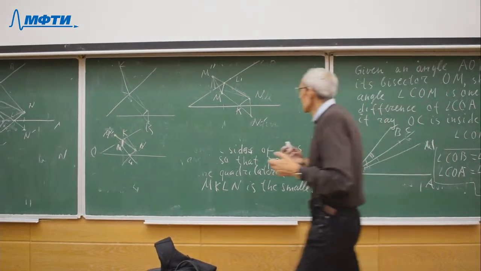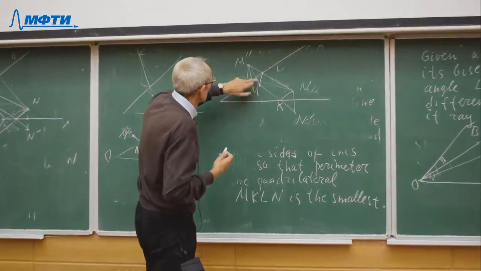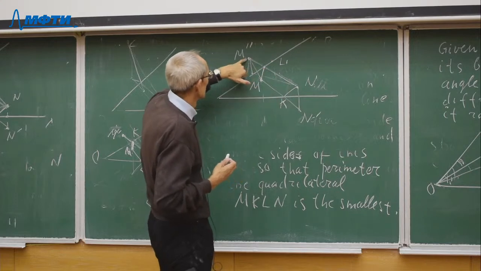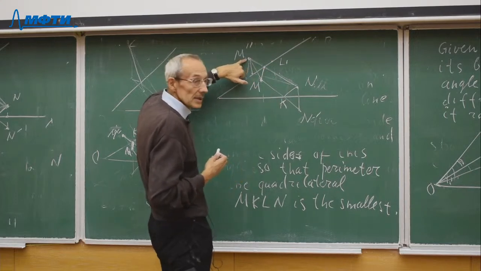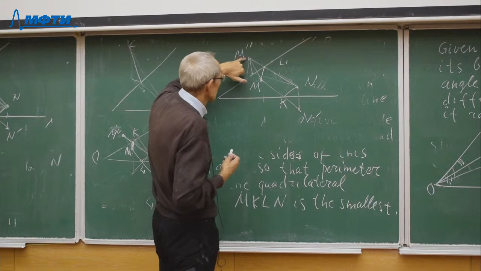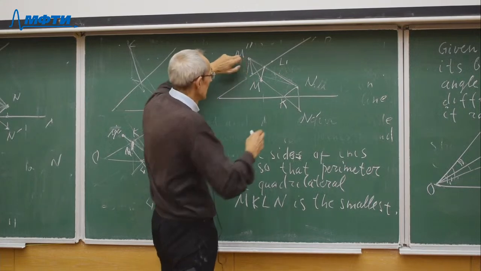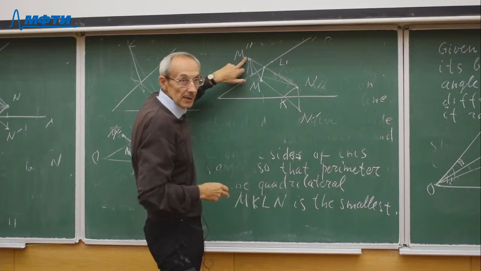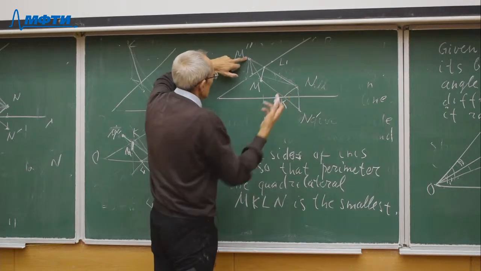The main idea: the straight line between two points is the smallest. I choose this point so that this sum is equal to the length of this segment.